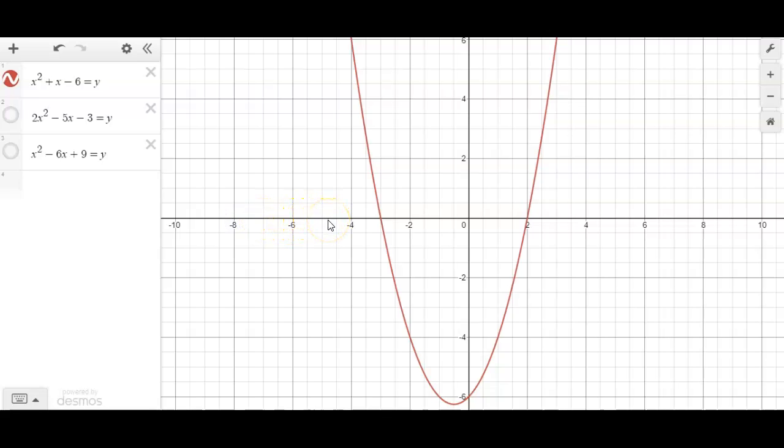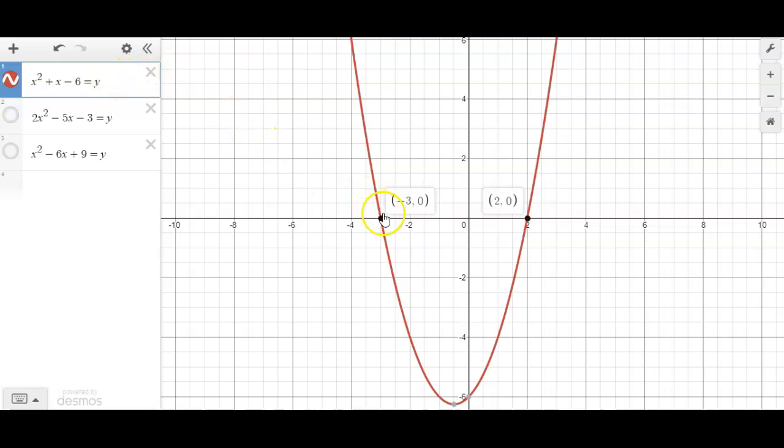We want to find where our quadratic intersects that line. If we take a look, we can see it here, at negative 3, 0. So an x value of negative 3 and an x value of 2. These are our solutions. They're the roots, or x-intercepts, of our quadratic.